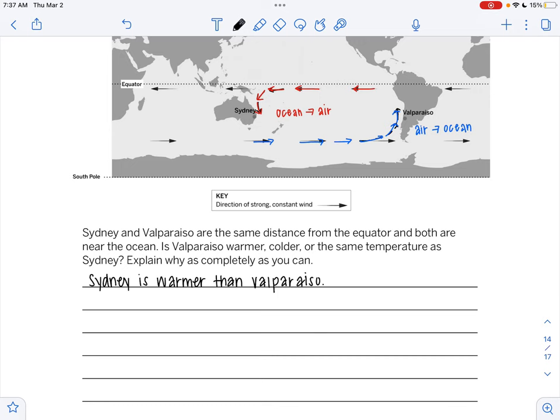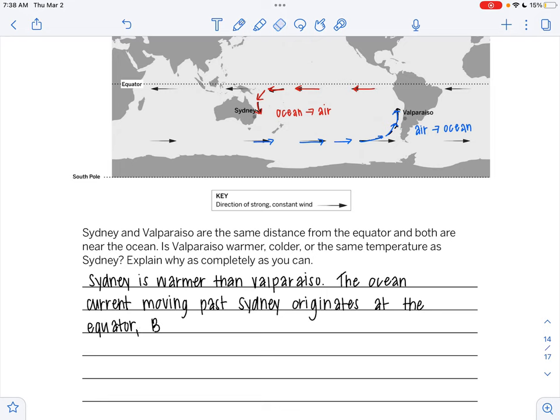Then, we'll need our justification to include why. We just talked about how the ocean current moving past Sydney originates at the equator, meaning it's coming from the equator, which receives lots of energy from the sun and is warm.